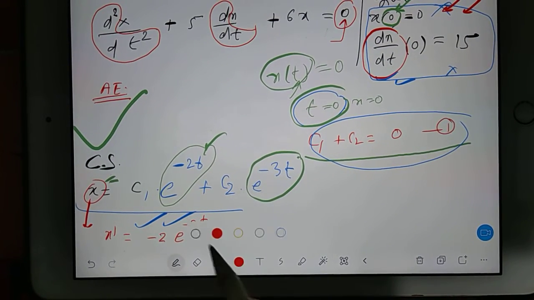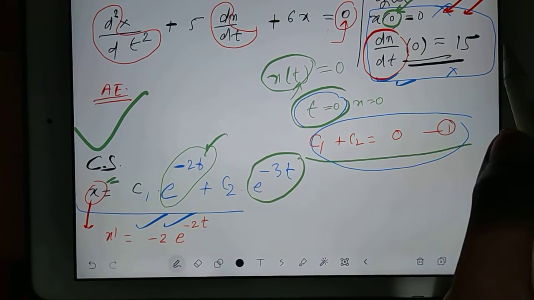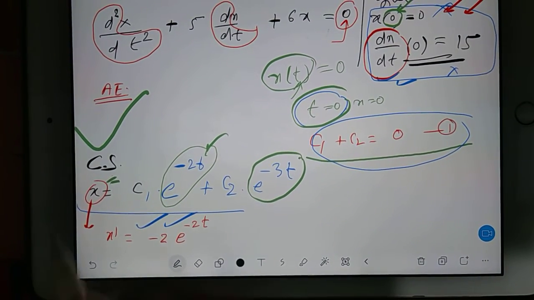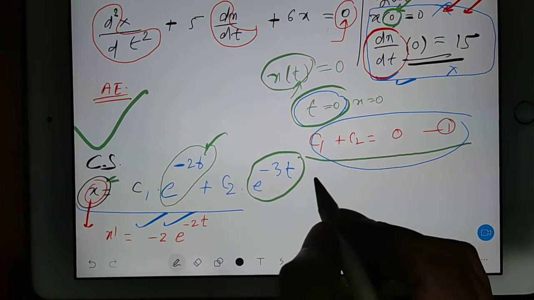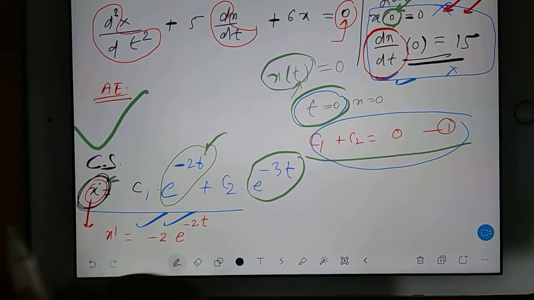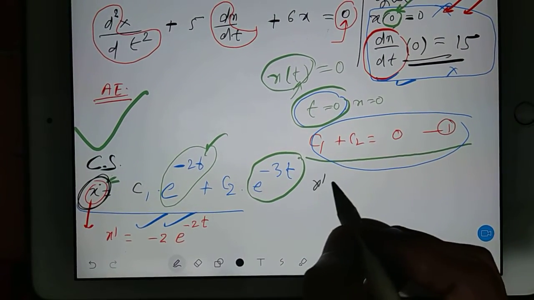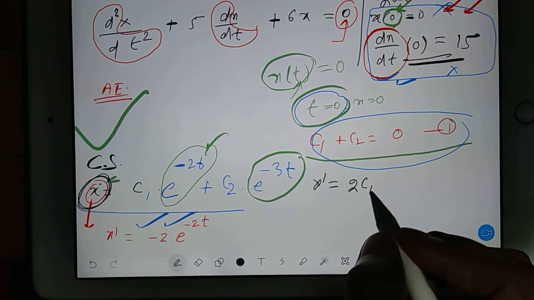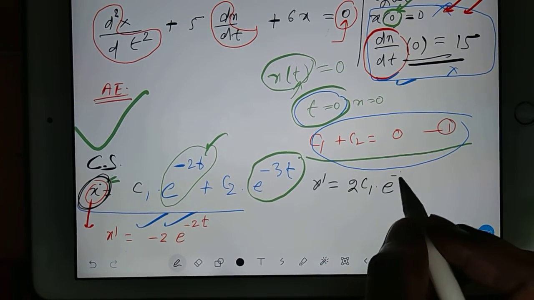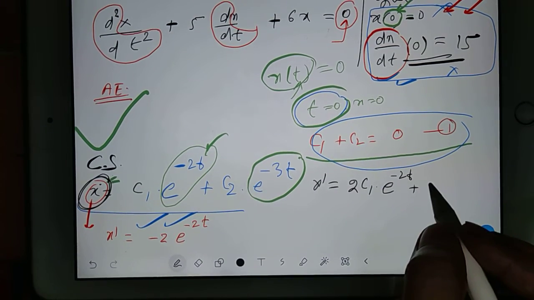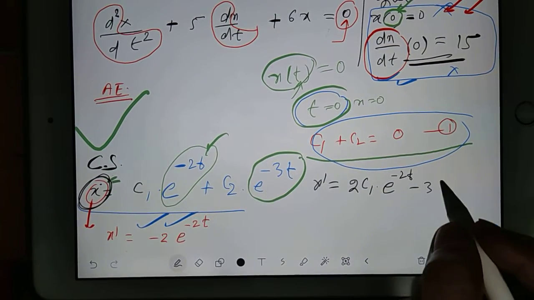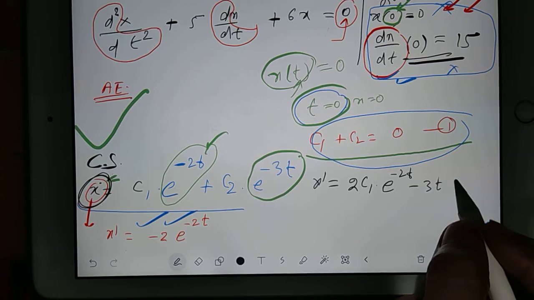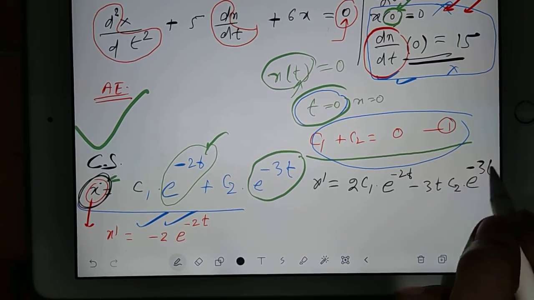Now you have to do the differentiation part. How will you do it? Because you have to use the second limit also. So for that, you do like this. After differentiation, first you differentiate this x dash value. How will it look? Minus 2C1 into e power minus 2t, minus 3 C2 e power minus 3t.